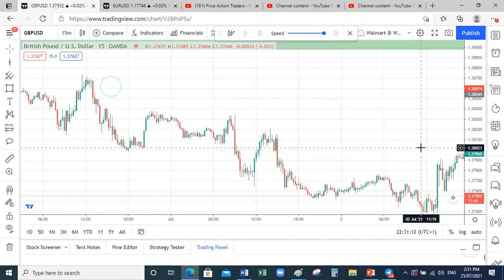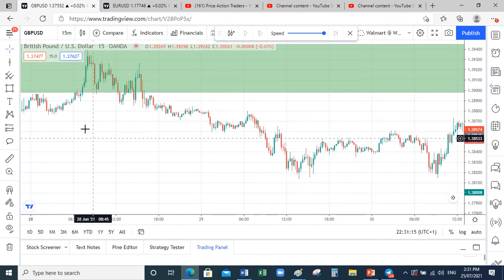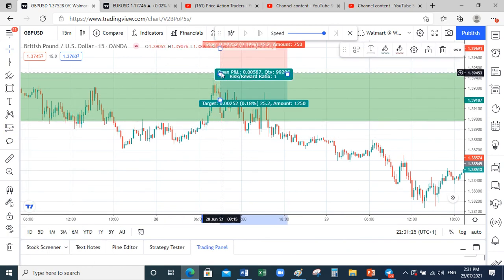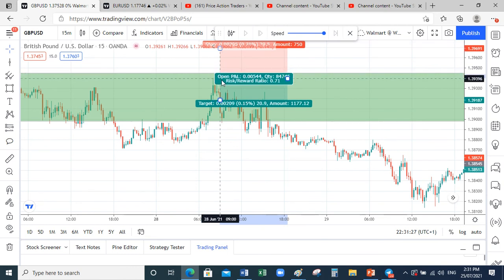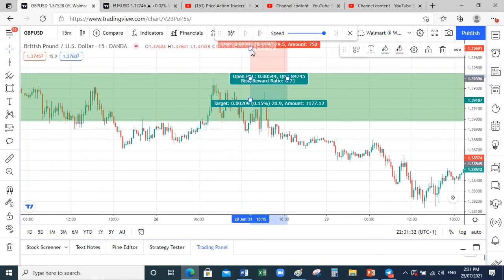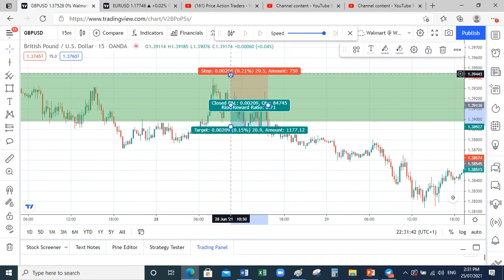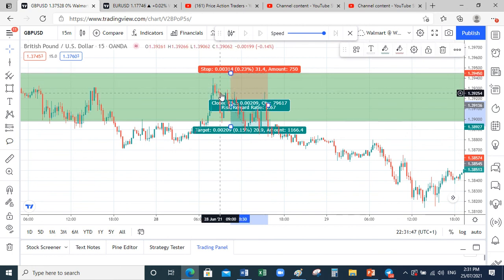3 pips or thereabouts. Because like this place now, your stop loss won't be much. See, this is your stop loss.